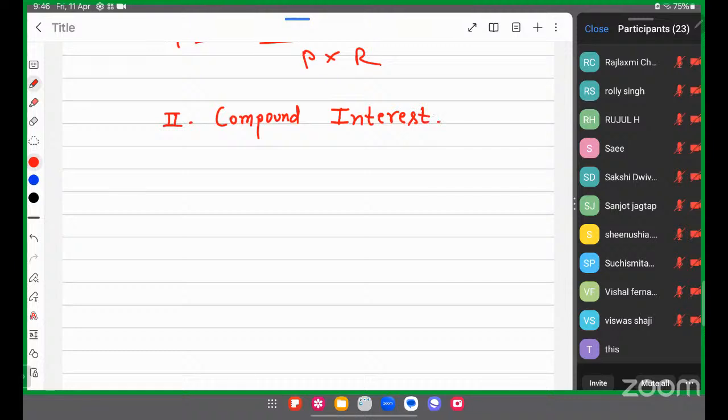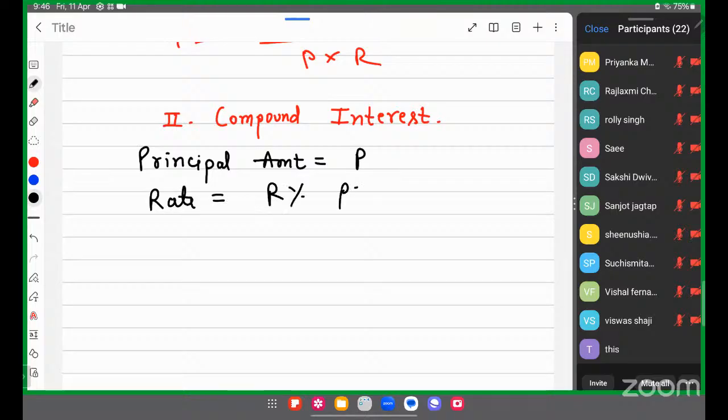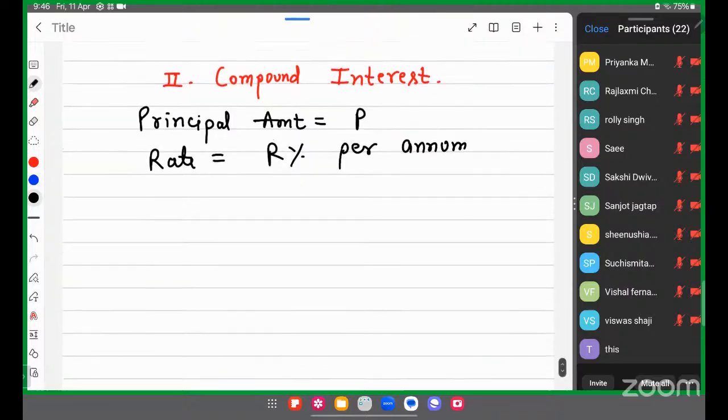Compound interest is the interest which is calculated on interest on a given amount. So in this case, let's say we have principal amount as P, rate R% per annum, or it may be in different format, and let's say time taken is n years.